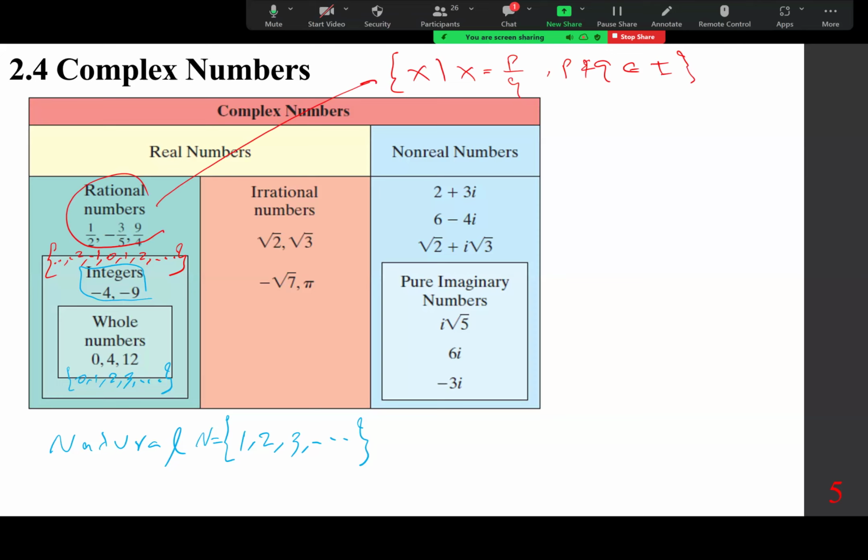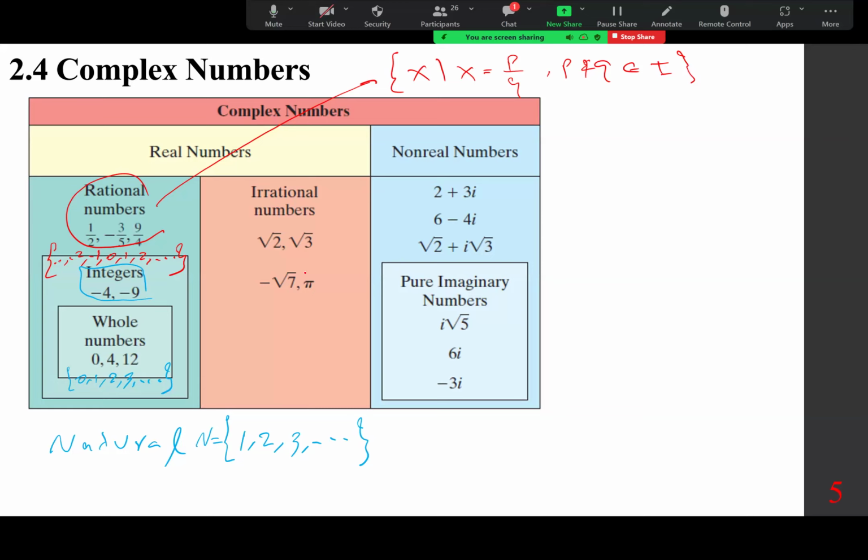The top and the bottom must be integers. So for example, decimals and repeating decimals are also considered rational numbers.